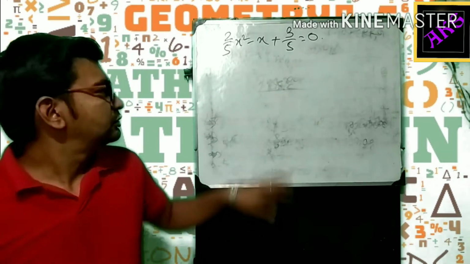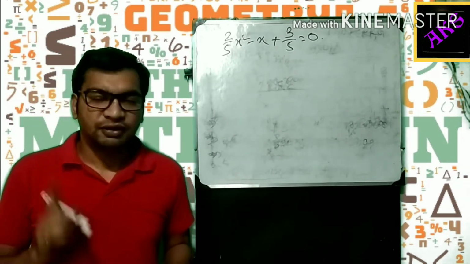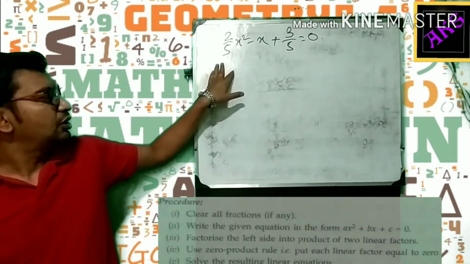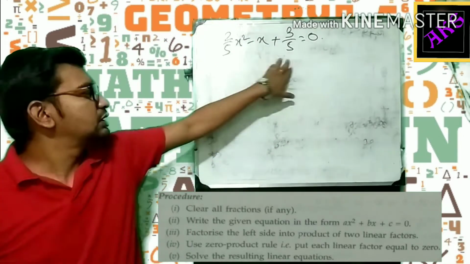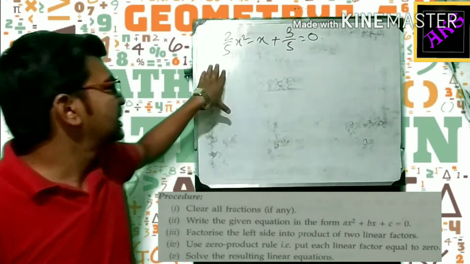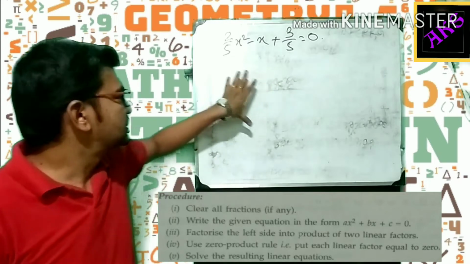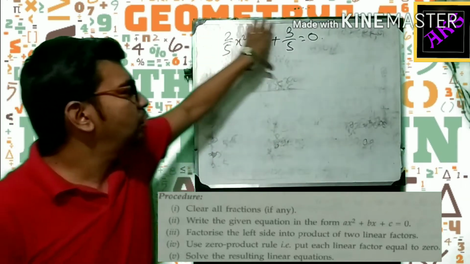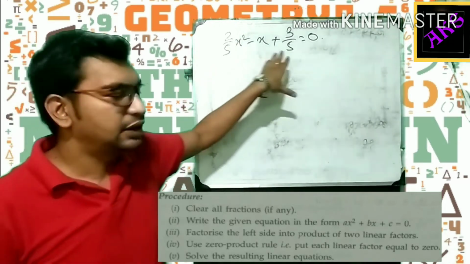How to solve this quadratic equation by the method of factorization. Now first thing is we have to clear all the fractions. How we can clear all these fractions? We just have to multiply the whole equation by the LCM of the denominators.